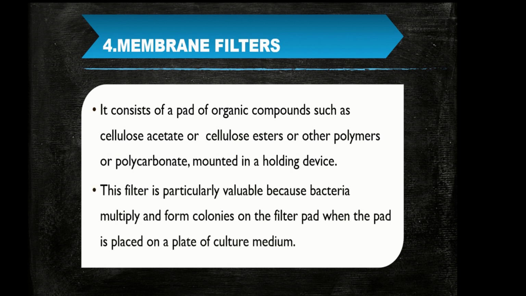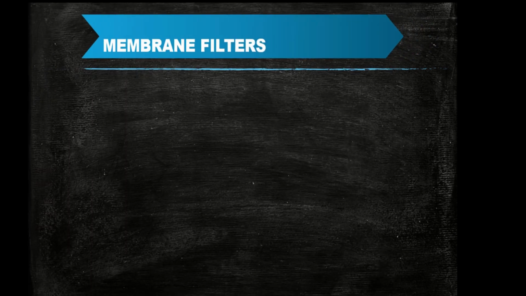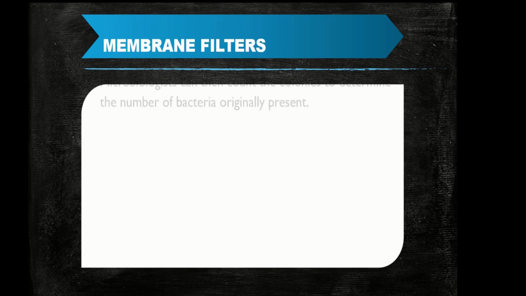This filter is particularly valuable because bacteria multiply and form colonies on the filter pad when the pad is placed on a plate of culture medium. When you pass the liquid through this filter, they adhere on the surface, and when you keep this pad on the culture media, they will form colonies. So it will help to know the presence of these organisms on the membrane.